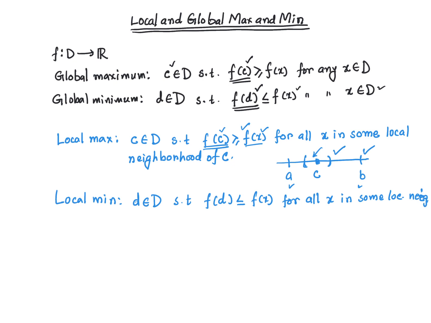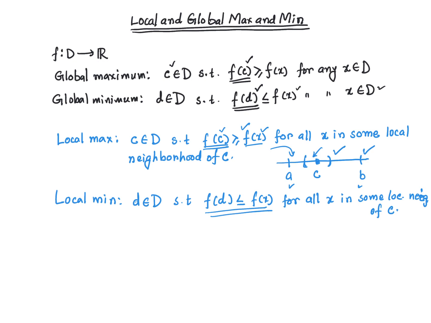So if this condition holds true for all x in some local neighborhood of D, then we say that it's a local minimum. Again, you can go ahead and look at this diagram and see the number line and see how it works. Now, this is how we define global max, global min, local max, and local min.